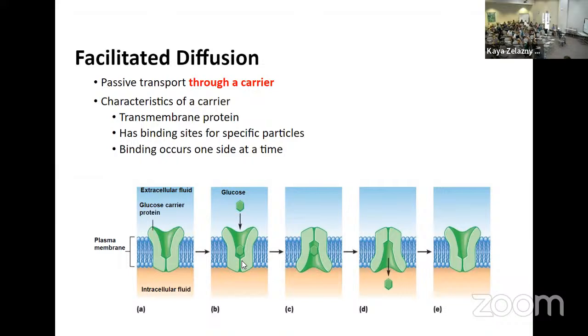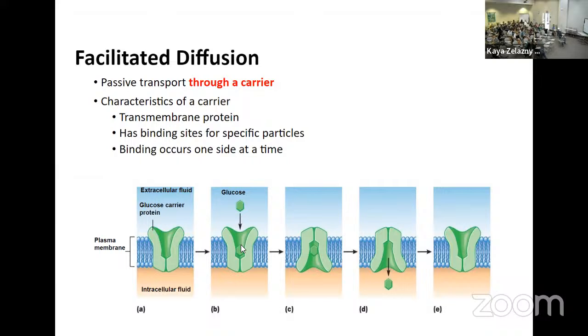So binding is going to occur for a carrier protein one side at a time, right? Because you're either in one shape or the other. So before we bind a glucose, we have this pocket for our glucose molecule facing the extracellular fluid, the ECF, outside the cell. Glucose binds in.